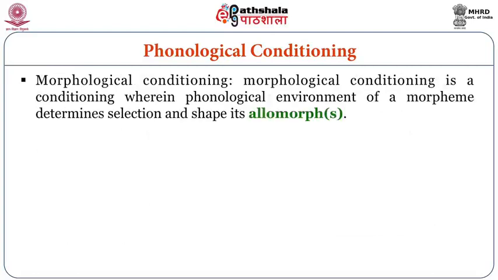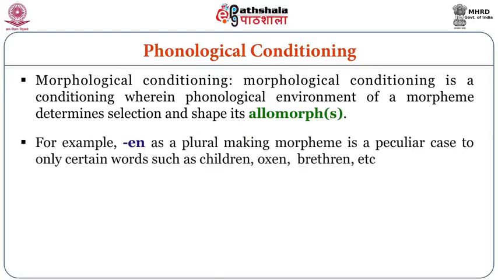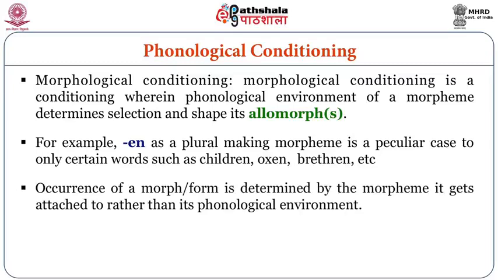Now, morphological conditioning is a conditioning wherein the morpheme itself, rather than its phonological environment, determines the selection and shape of its allomorph. For example, en as a plural-making morpheme is a peculiar case for only certain words such as children, oxen, brethren, etc. The occurrence of a morph form is determined by the morpheme it gets attached to rather than its phonological environment.